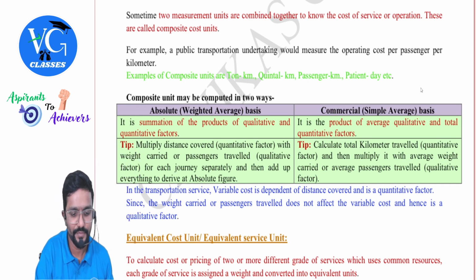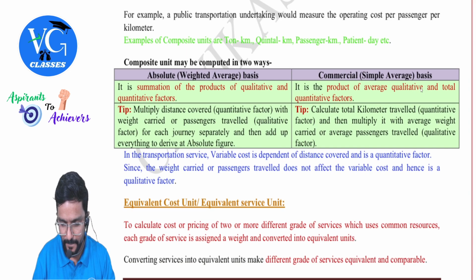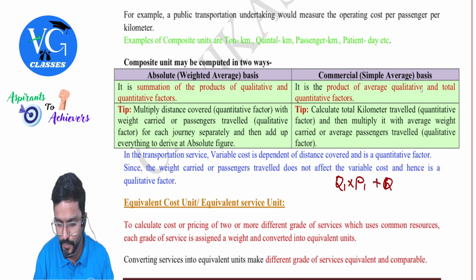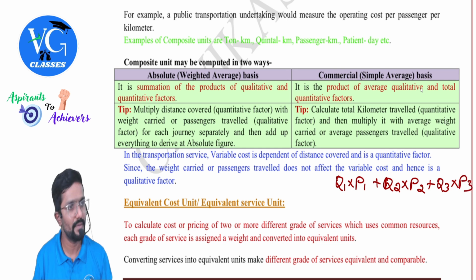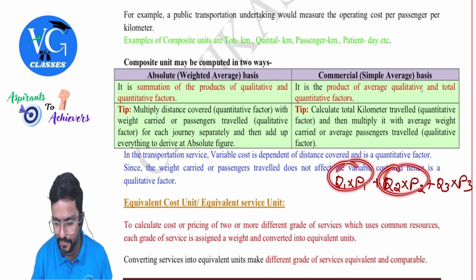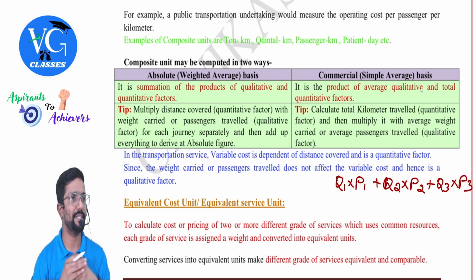Simple. Listen here. Assume we have Q1 into P1 plus Q2 into P2, and we have 3 lots totally, into P3. So what did we do? We multiplied first. Then we added.